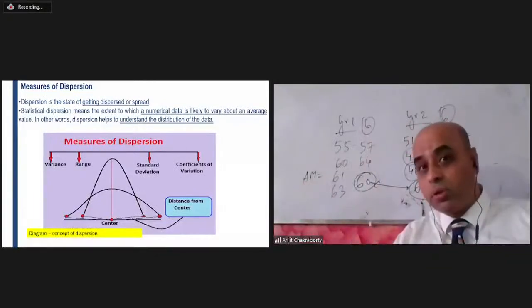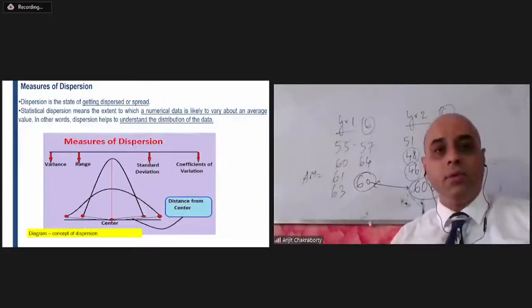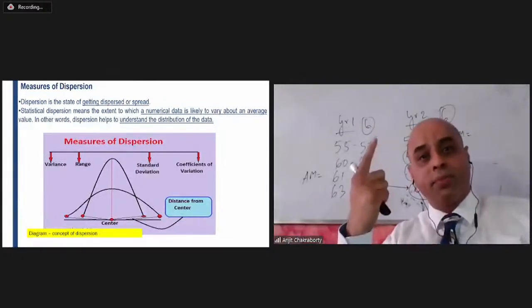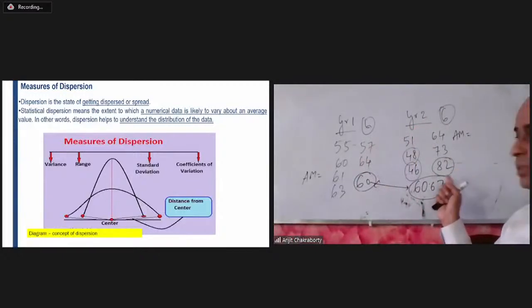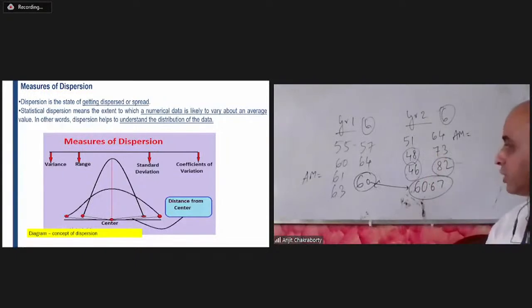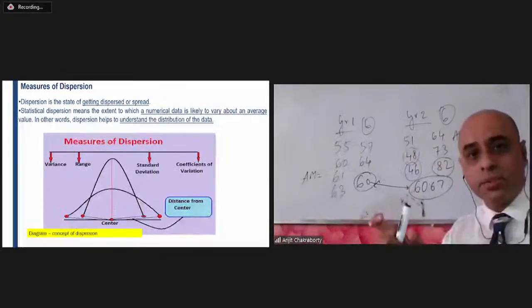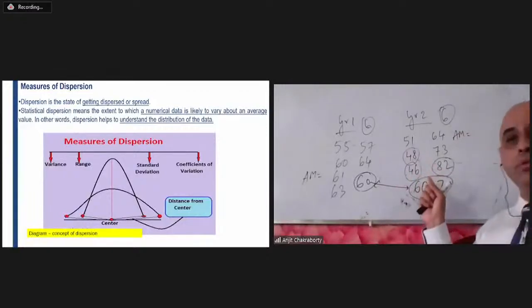If I talk about the whole class, now if someone asks me, out of these classes, which class is better in terms of highest marks? Well, highest marks here, 82, no doubt. There is one student in group 2 who has got more than 80, and one more student who has got 73. So in terms of individual performance, no doubt group 2 is better.